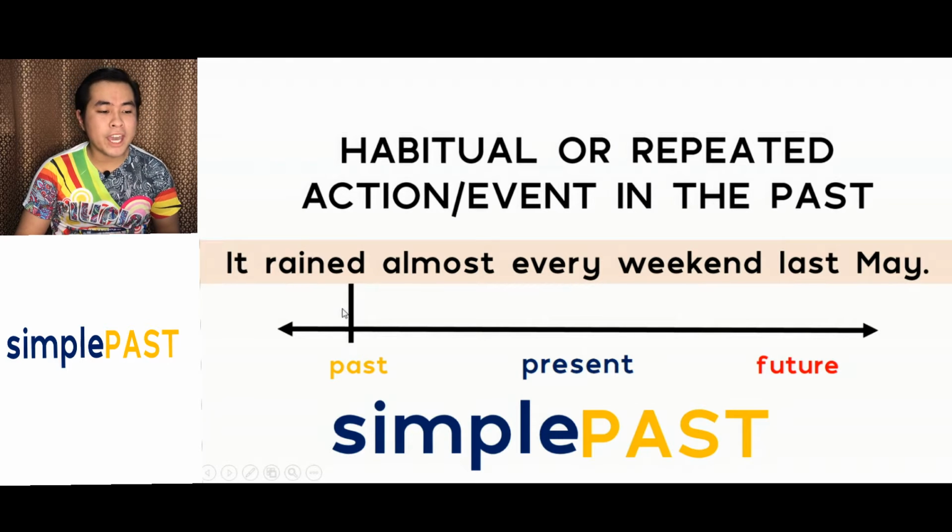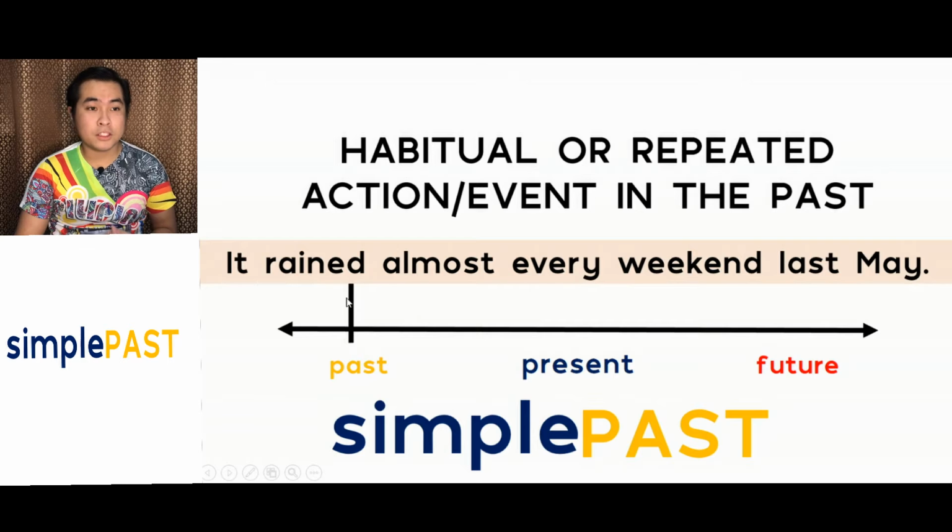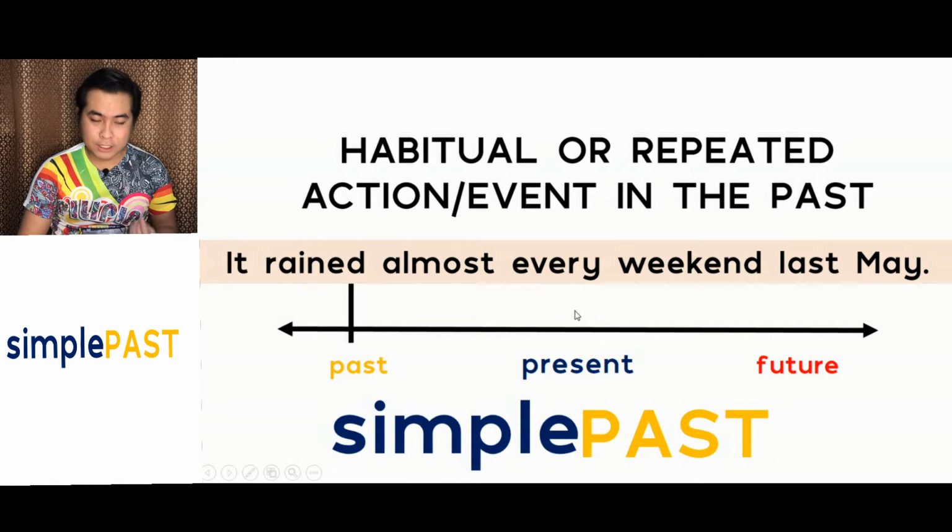So all the weekends of May, it rained there. But for example, we are here at the present and we are reporting that occurrence last May. So for example, this is June, your present. Last May connotes that that raining only happened here every weekend.